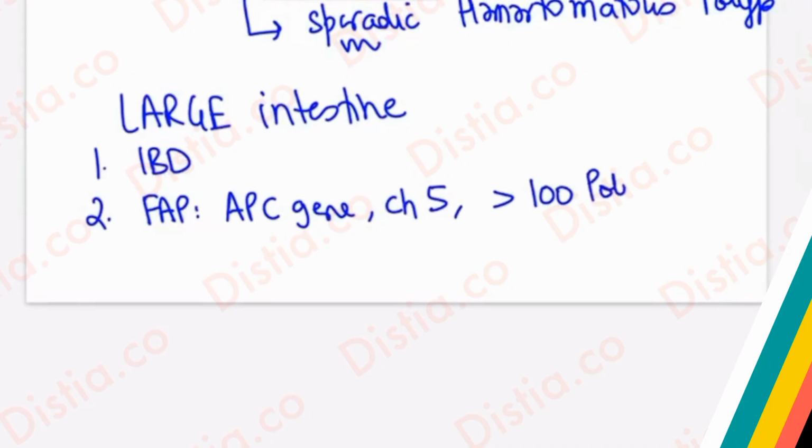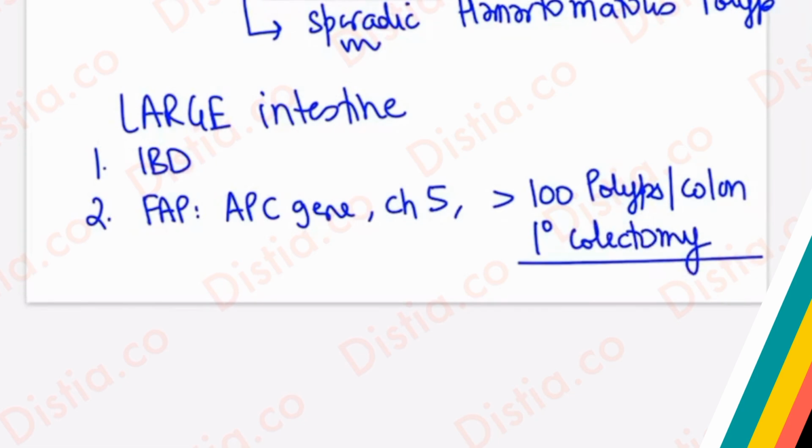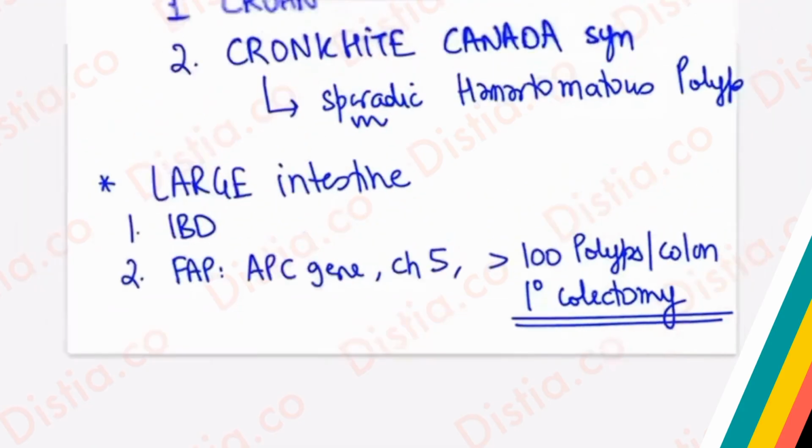Now, the problems in this condition will mainly stem from the fact that as many as more than 100 polyps could be present in the entire length of colon, and any one of them, because surface area is more, could actually turn malignant. So in these patients, we go in for a prophylactic colectomy. You see, I'm not saying prophylactic polypectomy. I'm talking prophylactic colectomy in these patients because of a higher incidence of adenocarcinoma of the colon.